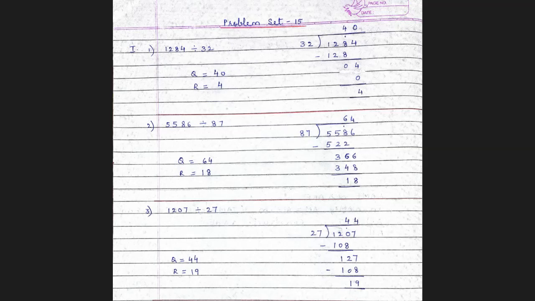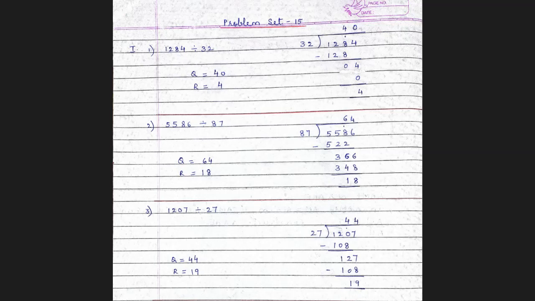Second question, 5586 divided by 87. Now 87 does not go in the first number 5, neither in the second number 55 because it is still less. So we take the third number 558. 87 goes 6 times. Now children, you must always find a number in such a way, 87 into 6, you get an answer 522 which is less than 558.